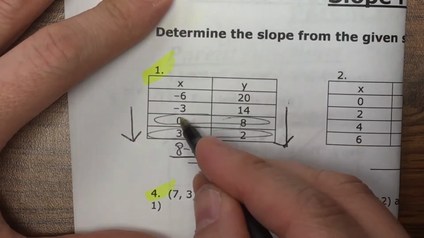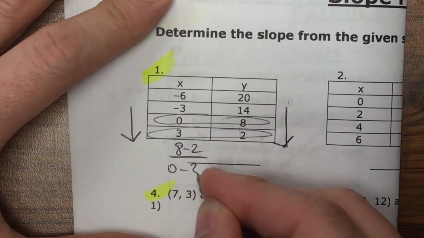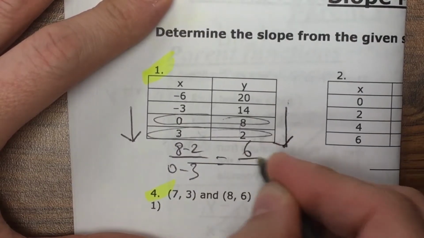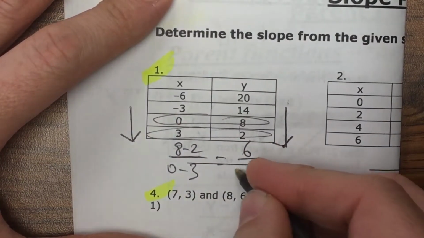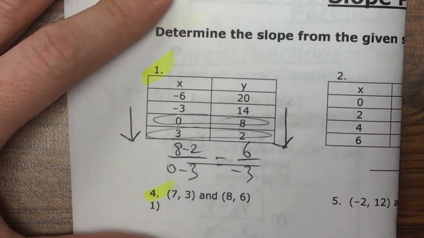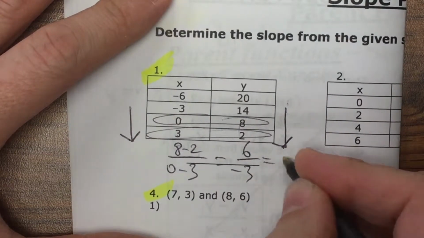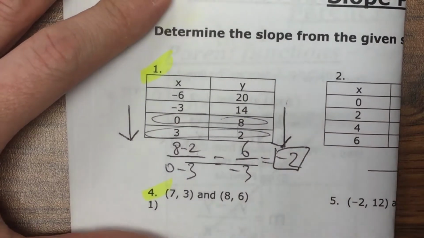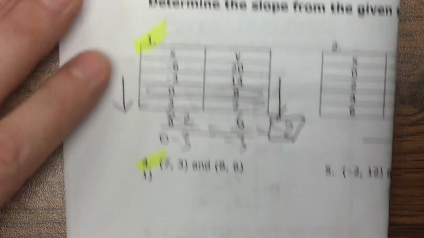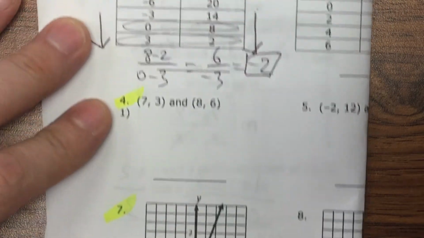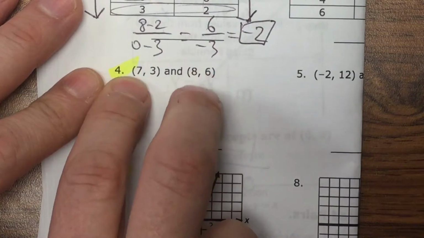My x's, I have 0 minus 3. 8 minus 2 is 6. 0 minus 3 is negative 3. 6 divided by negative 3 is negative 2. That's my slope. Question 4 doesn't even give us a table, just gives us the 2 points.